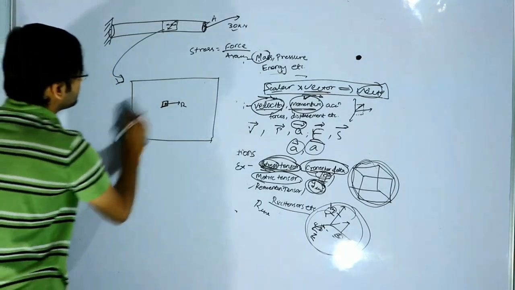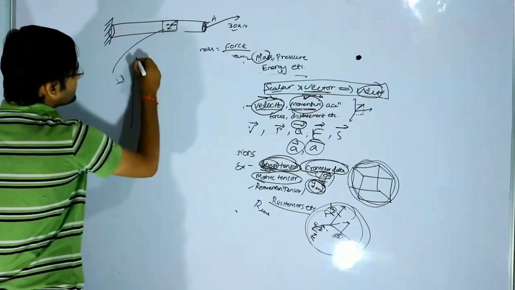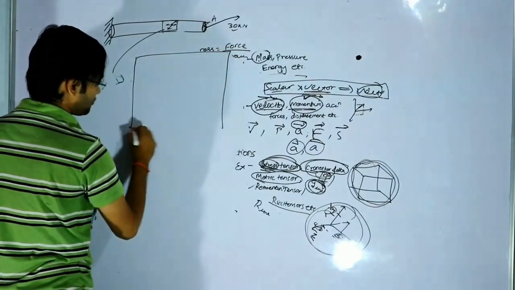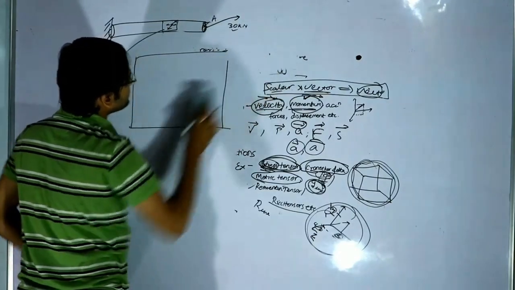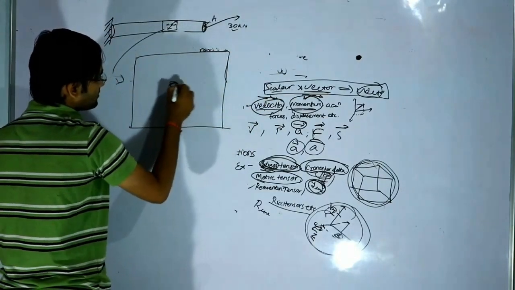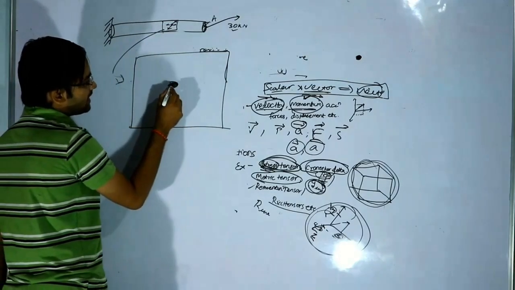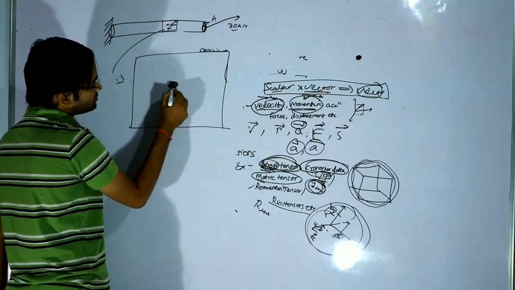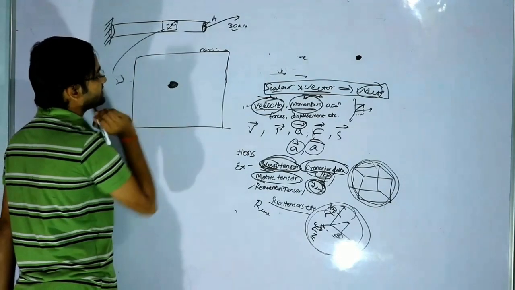Oh, wait a second. Suppose this is a cross section of the beam. I am interested in observing this point, to calculate the resultant loading at this point. So I need to find the stress at this point.